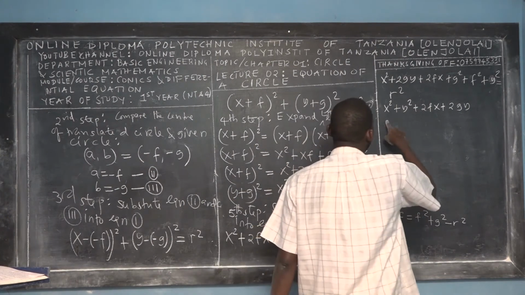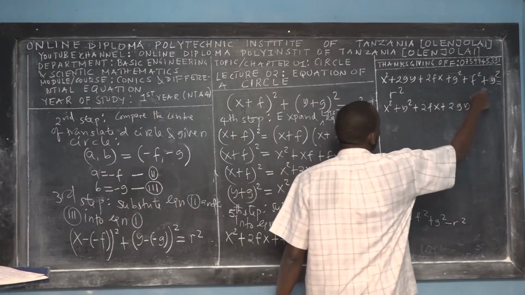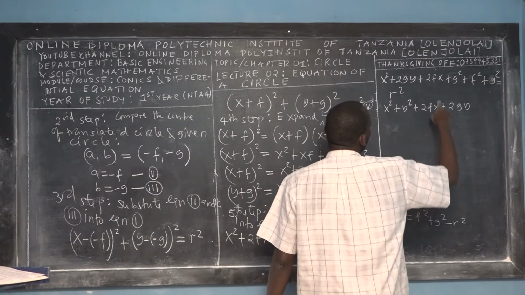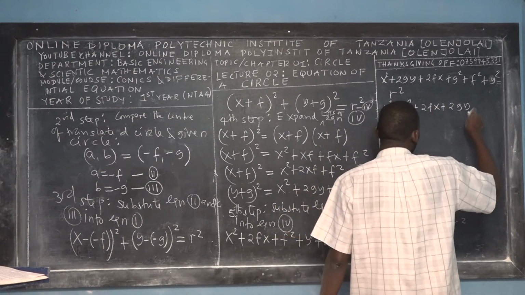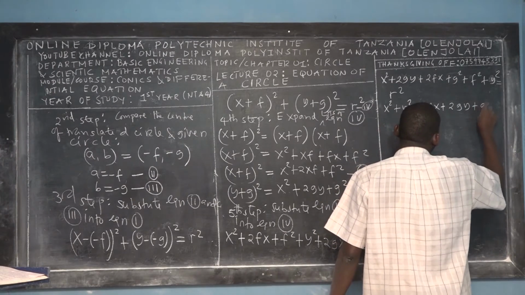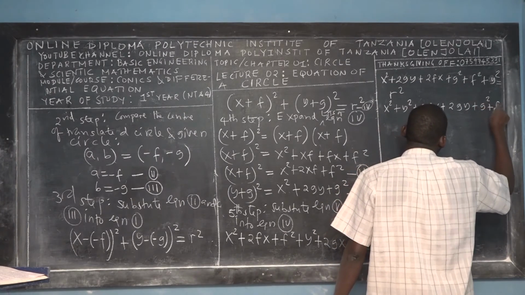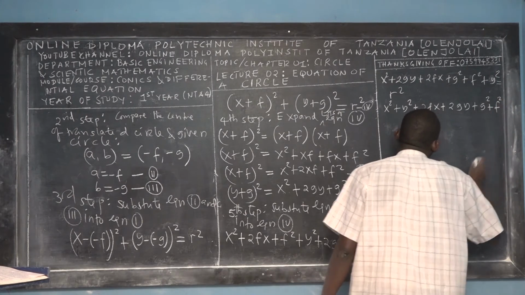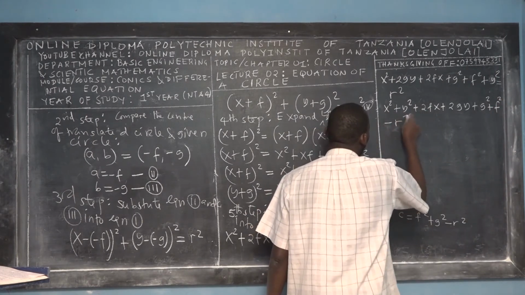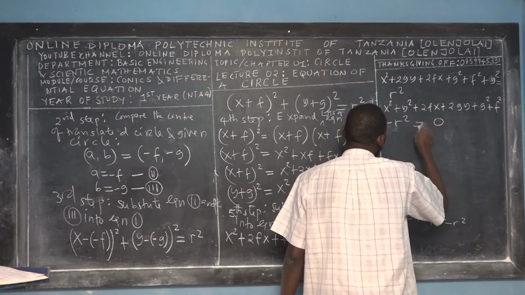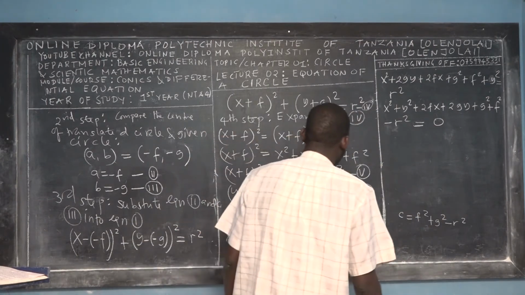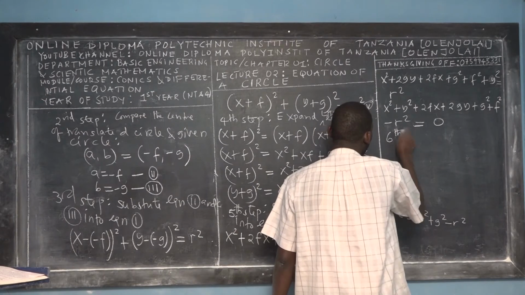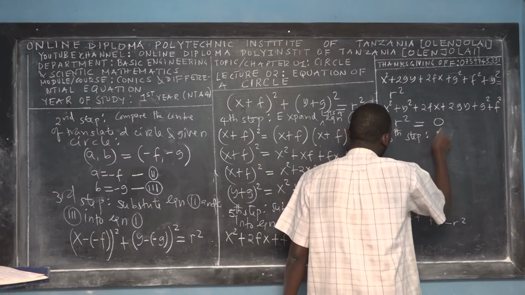So we have x squared, y squared, 2fx, 2gy, and then plus g squared plus f squared, right? And then minus r squared, this is equal to 0.